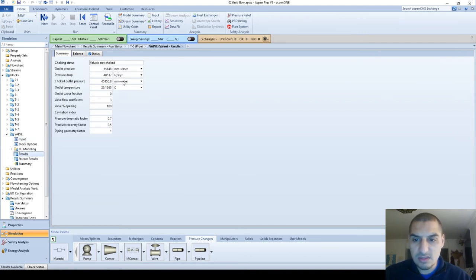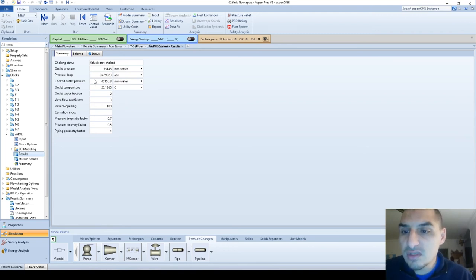These are the same values that I entered, but here in the percent opening it tells us that it's 100% and the pressure drop is 0.5. So this is what we should expect from the rating mode. I define the valve and put all the information about the valve, and I'm just expecting to get the outlet pressure according to the valve specs that I provided.